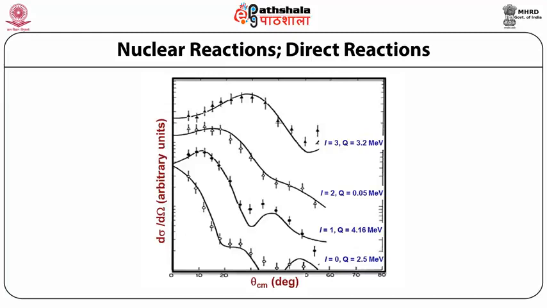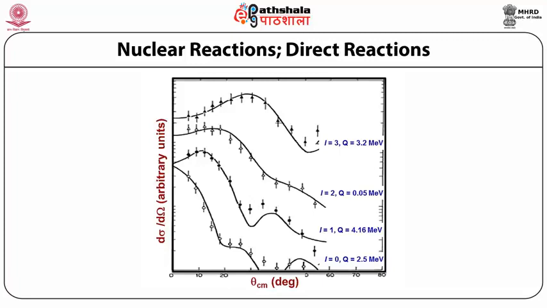Nuclear reactions, direct reactions. In this slide we are going to see how the differential cross section of direct reactions varies as a function of scattering angle for different values of angular momentum involved and the energy.